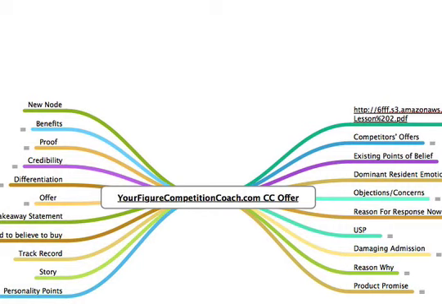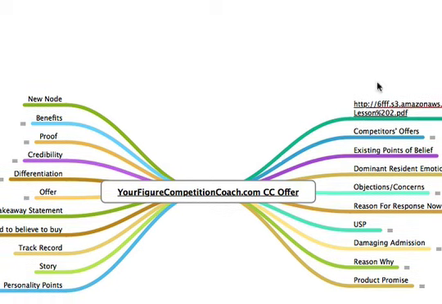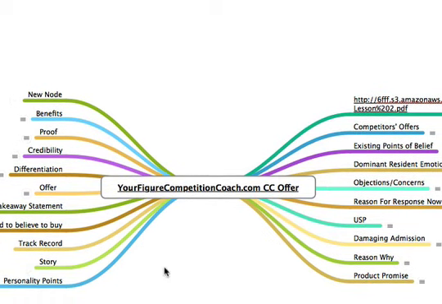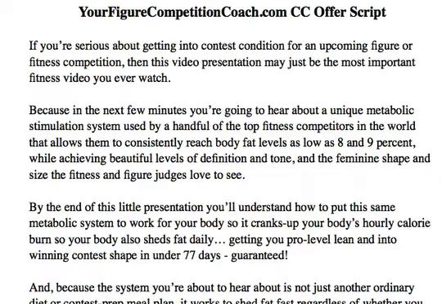The other thing is that you'll find that the stuff that was covered in the prior update video and included in this mind map, I'll point out to you how it made its way into the script. So you'll see damaging admission or reason for response now or objections, all of these things throughout this video script. And so just keep that in mind as we go through this. Let's jump in and get started.